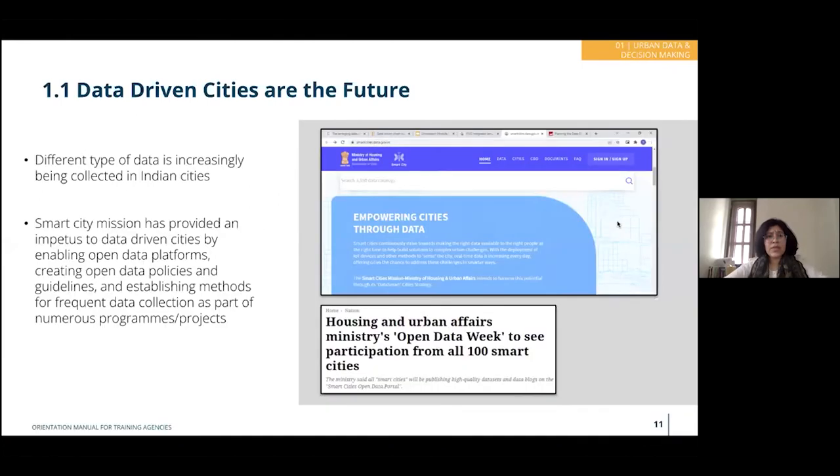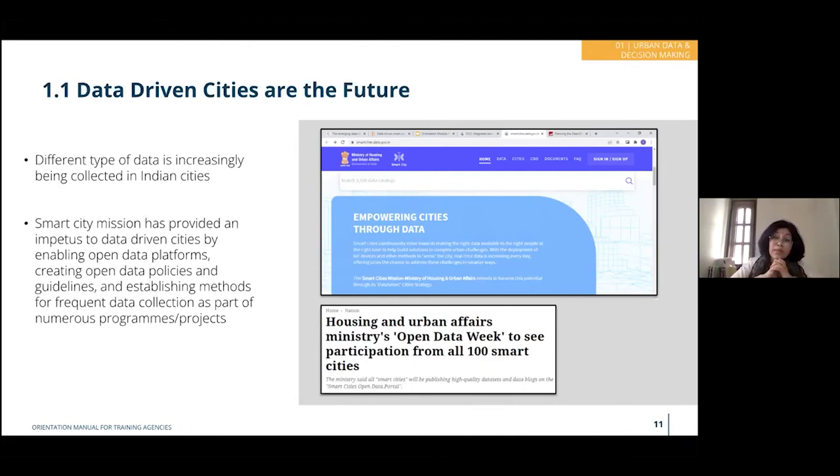So essentially, in the context of India, in the last 5-8 years, we have also seen a lot of push from the national government to encourage this agenda that let's focus on more evidence-based decision making in our cities, right? For a long time, our cities were growing rapidly. We were making changes to our cities, we were just catching up. But now I think all cities have this realization that we really have to use data.